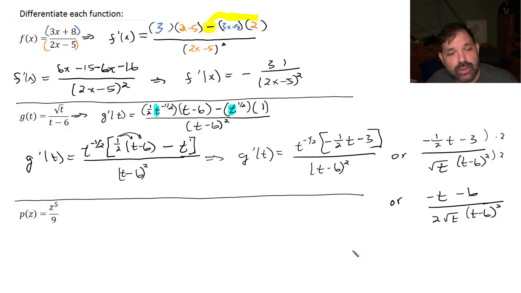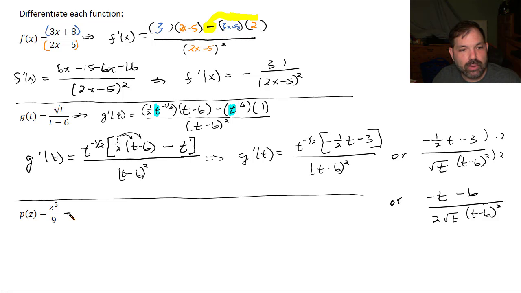All right, what about this other exercise here? We have p of z is z to the 5th over 9. I hope you didn't use the quotient rule here. I really hope you didn't, because this is not new. Z to the 5th divided by 9 is the same as writing 1/9 times z to the 5th.